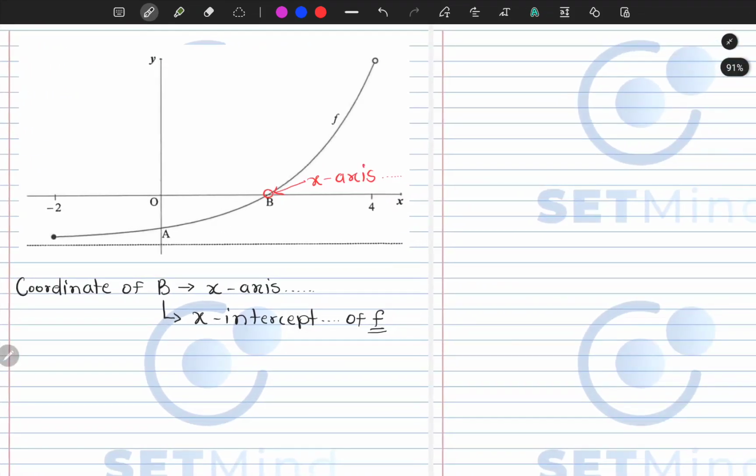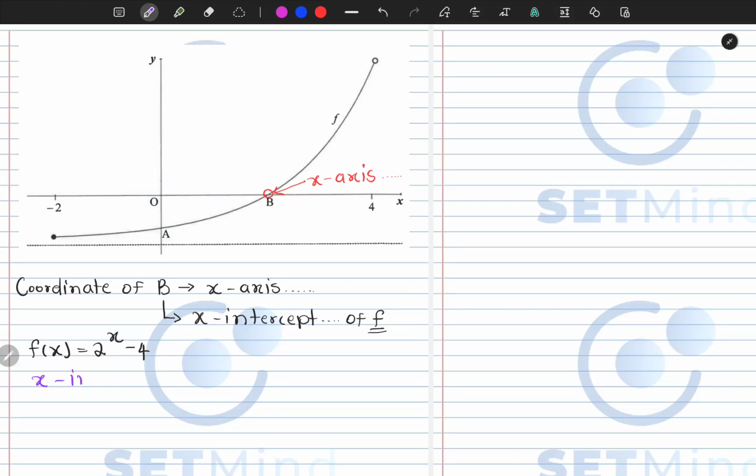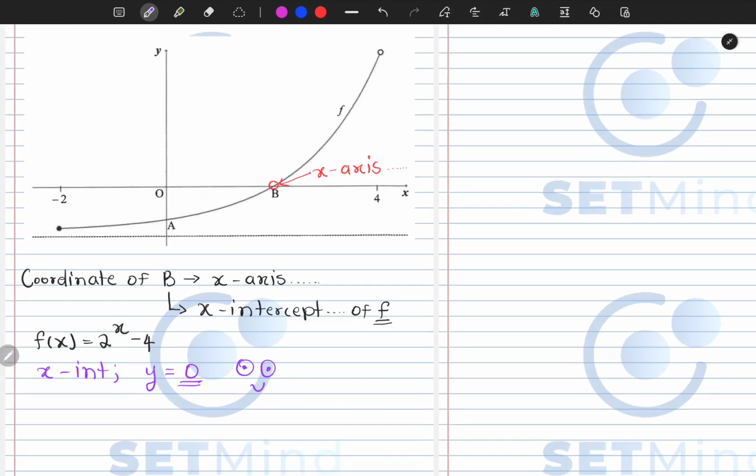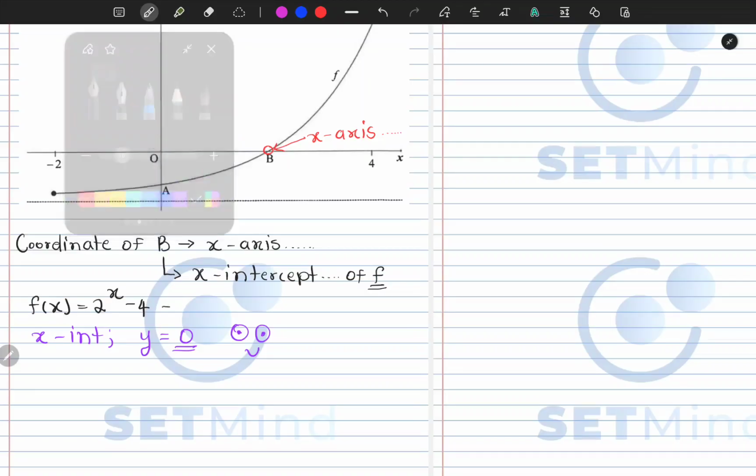Our f of x is given as 2 to the x minus 4. When we're looking for the x-intercepts, by now you should remember that we equate y to 0. Always do that. Wherever we see our function, remember that this is just the same as y. So we are just going to equate it to 0.